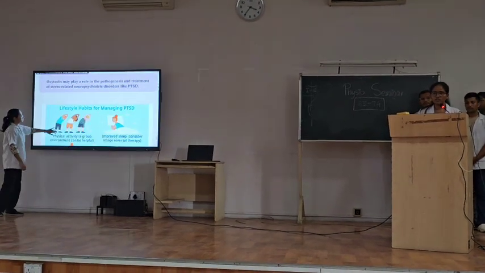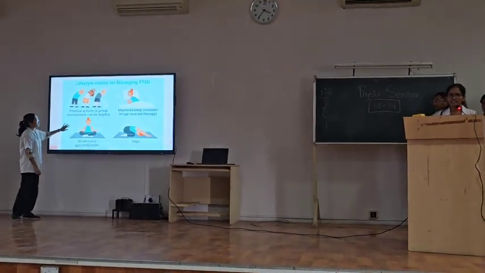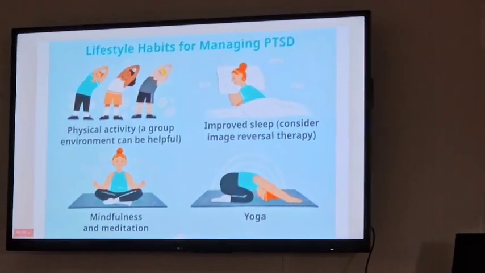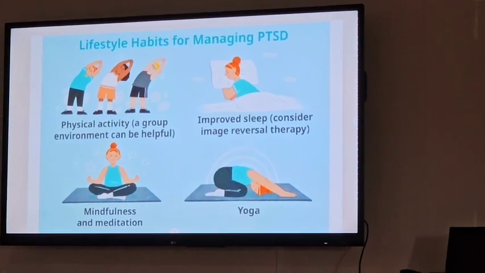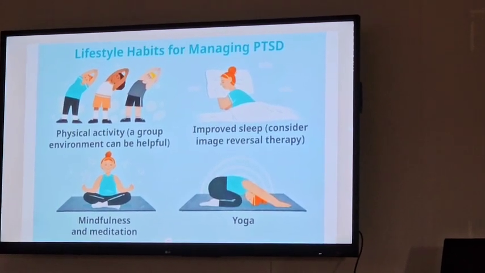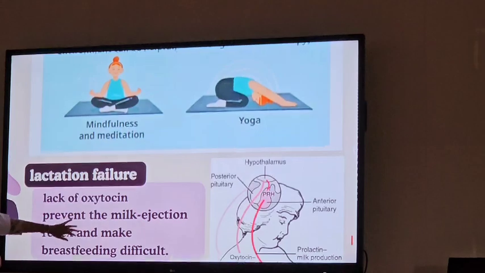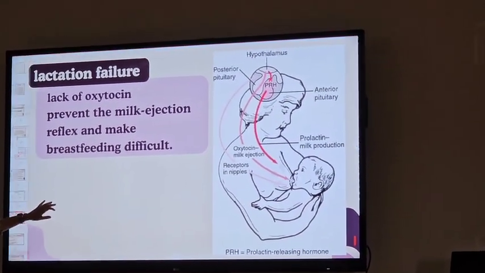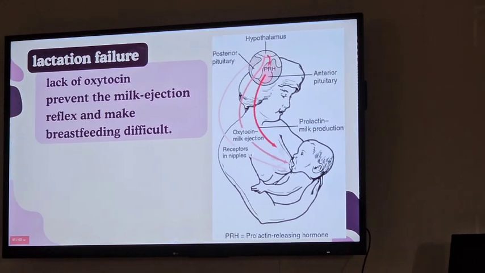Treatments for post-traumatic stress syndrome are physical exercise, group environment can be helpful, meditation, mindfulness, yoga, and improved sleep. Third is lactation failure. Lack of oxytocin prevents the milk ejection reflex and makes breastfeeding difficult.